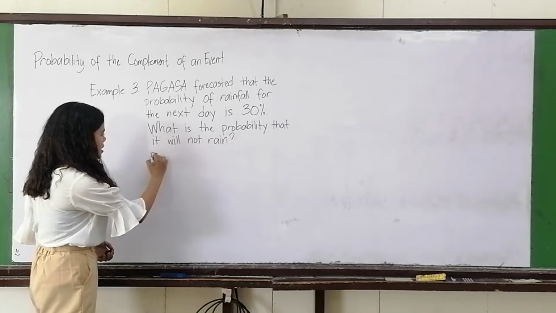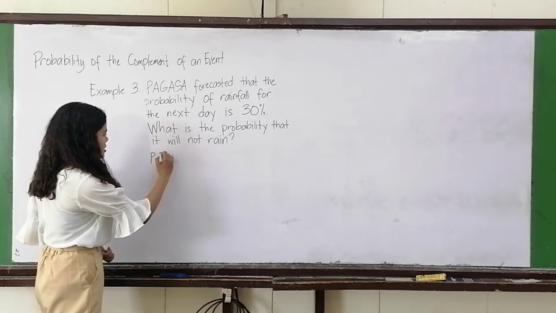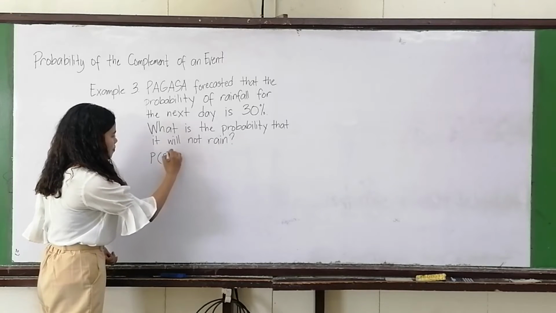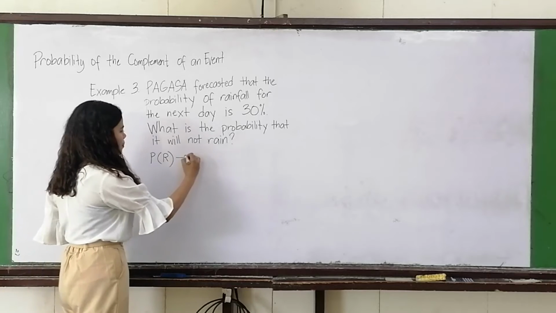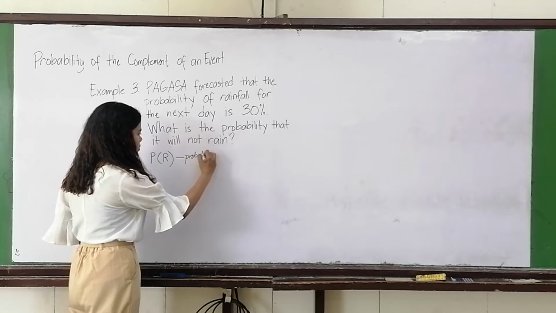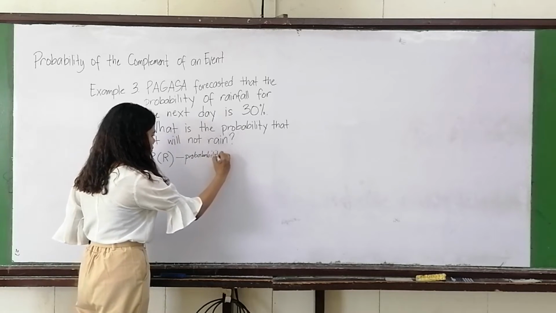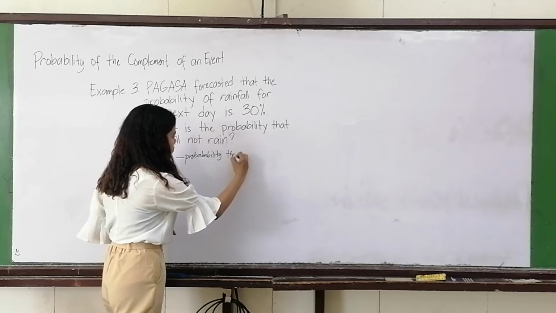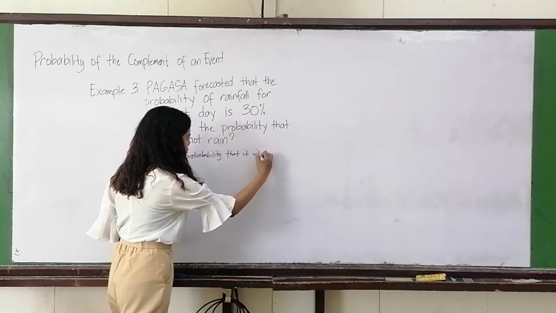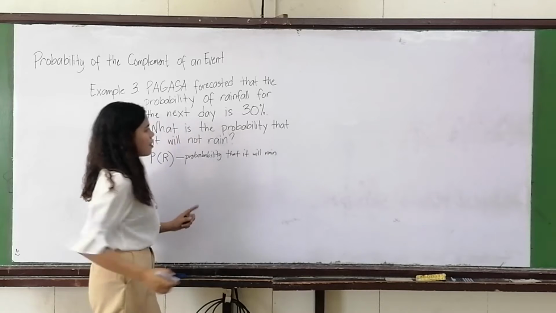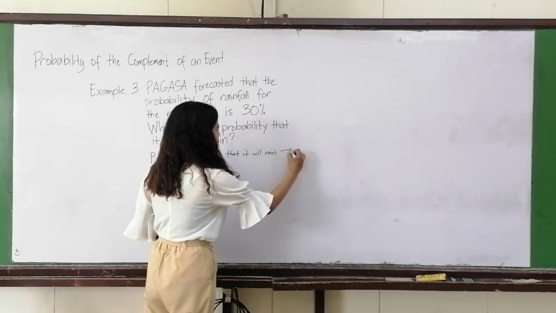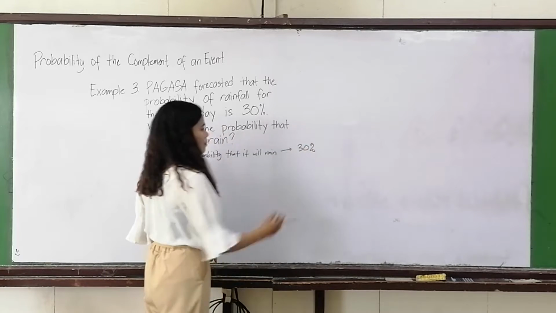The probability that it will rain, let's say that this is P of R, the probability that it will rain, is equal to 30%.